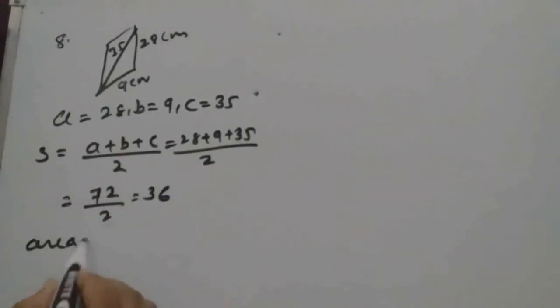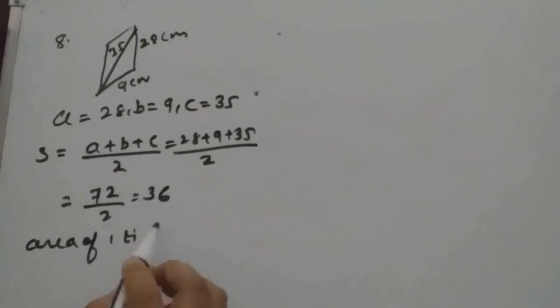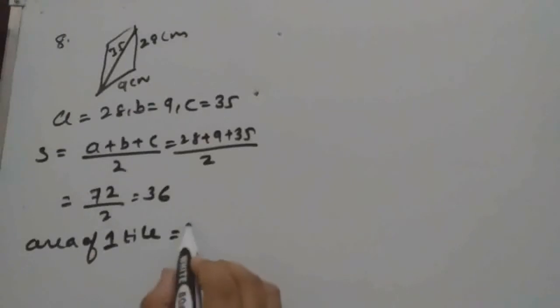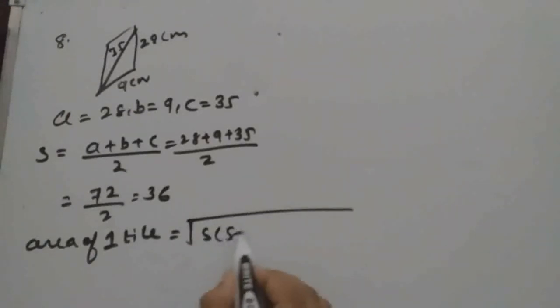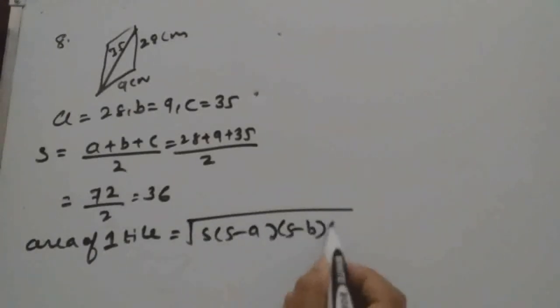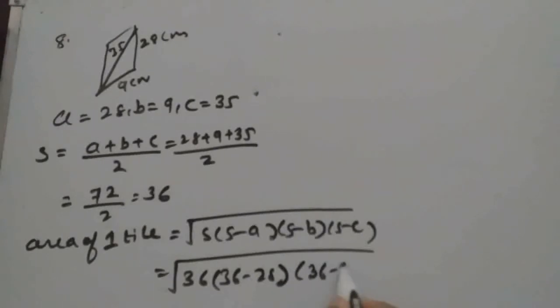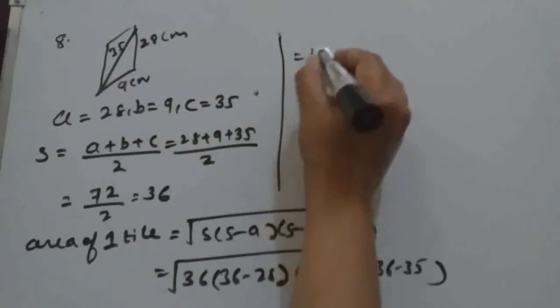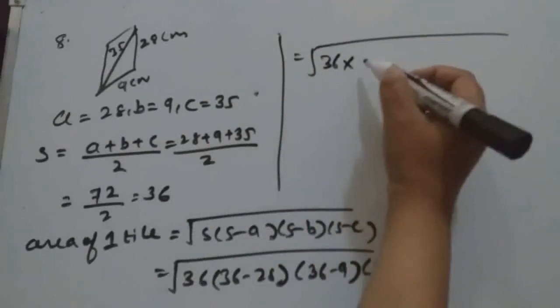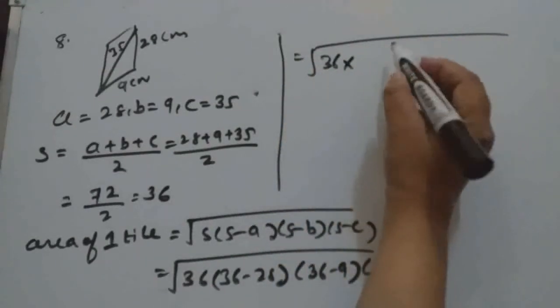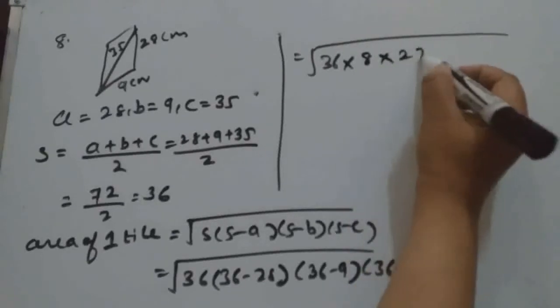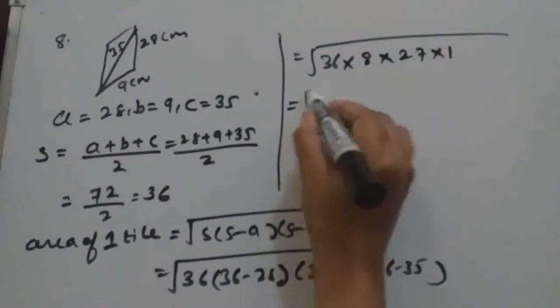So area of one tile, triangular shape, will be root of S into S minus A, S minus B, S minus C. 36 minus 28, 36 minus 9, 36 minus 35. So 36 minus 28 means 8, 36 minus 9 means 27, and 1.